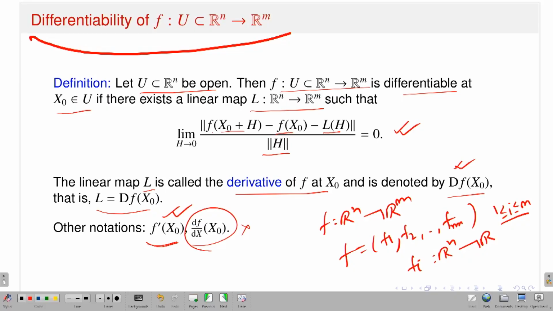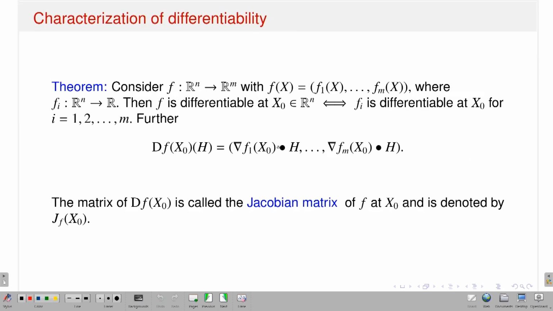So now you can ask whether the existence of the total derivative of f from Rn to Rm has any connection with the existence of the total derivative of the component functions. This is natural, like when I talked about the existence of limit and continuity, some kind of relations were there. What can happen here? The answer is yes, you will have a relation between the existence of the total derivative of f from Rn to Rm and the existence of the total derivative of the component functions, which are real valued functions of a vector variable. That is the kind of theorem I have said.